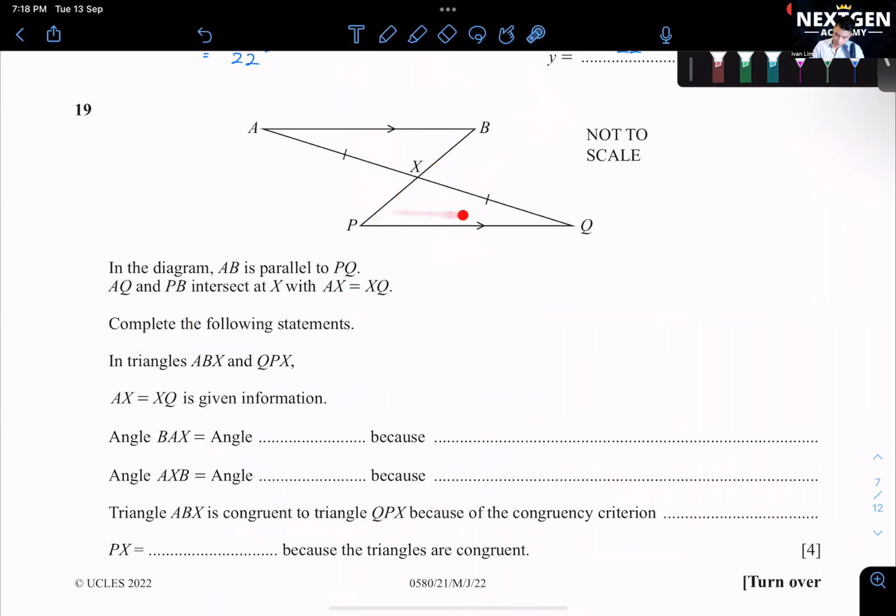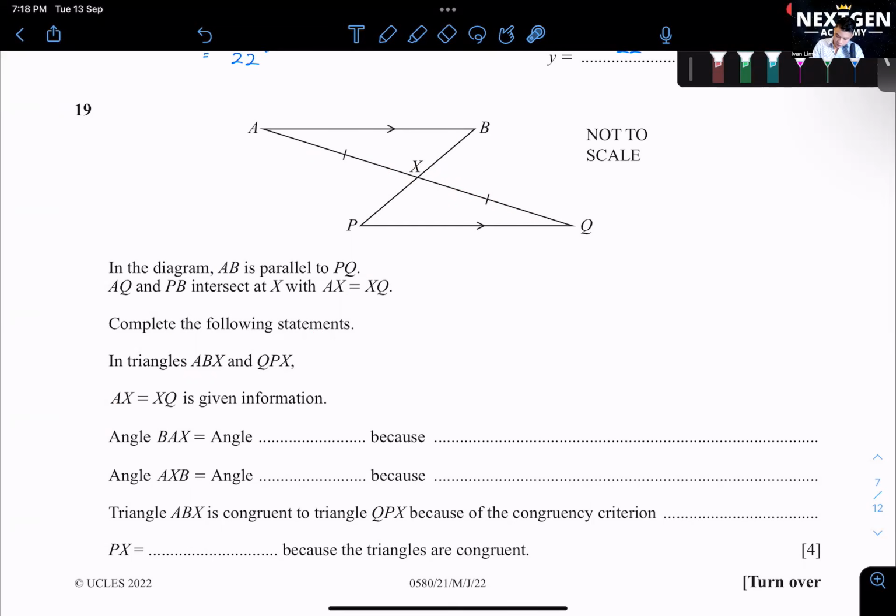So they give you this diagram. In the diagram, AB is parallel to PQ. AQ and PB intersect at X with AX equals XQ. Complete the following statements. In triangles ABX and QPX, AX equals XQ. It's given information. So what do we know?